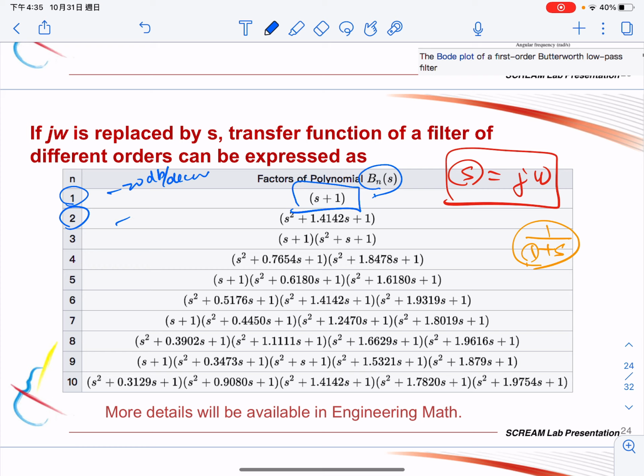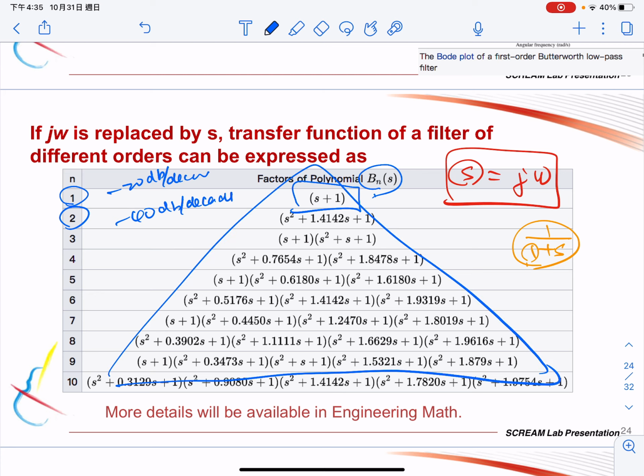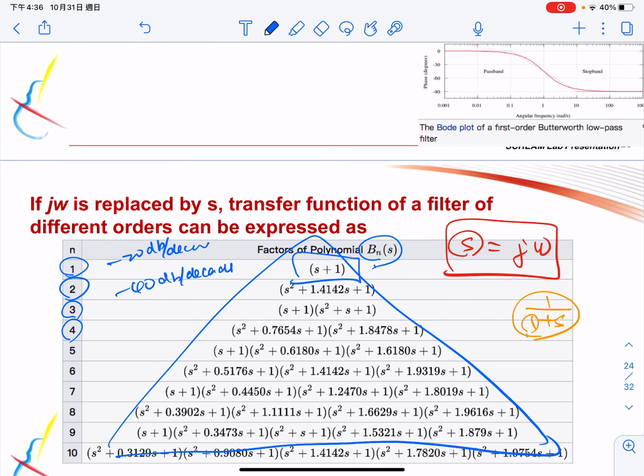And if it is second order, it will be minus 40 dB per decade, right? And we can use this table to try to design different orders of the Butterworth filter by replacing some of the numbers, which I will show you in my next recording.